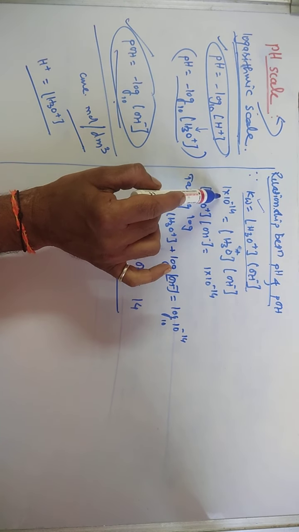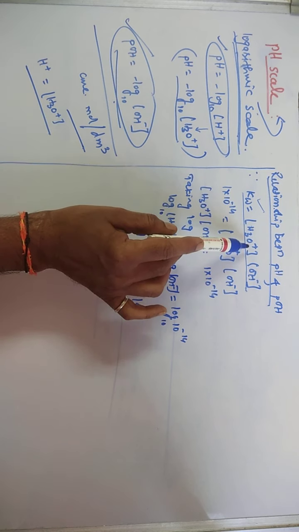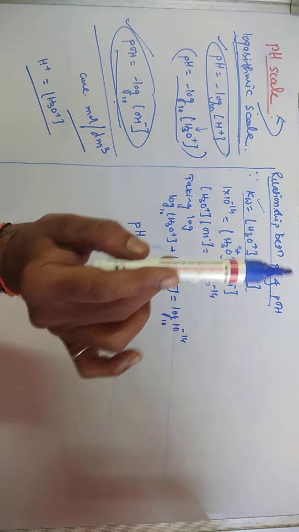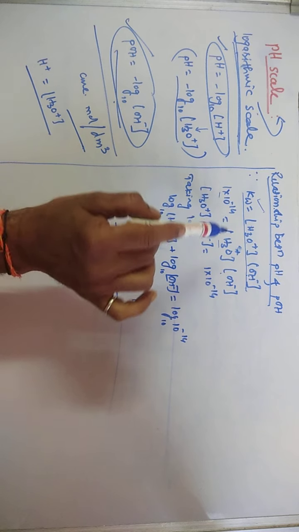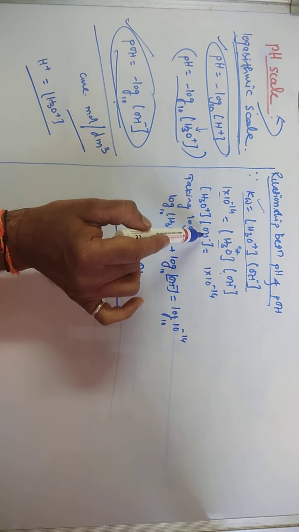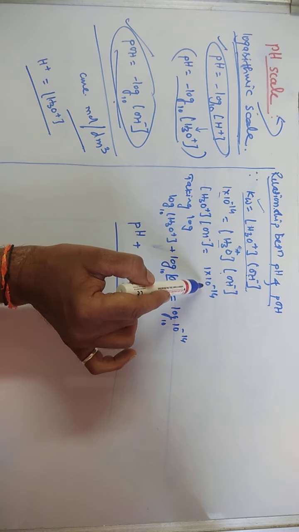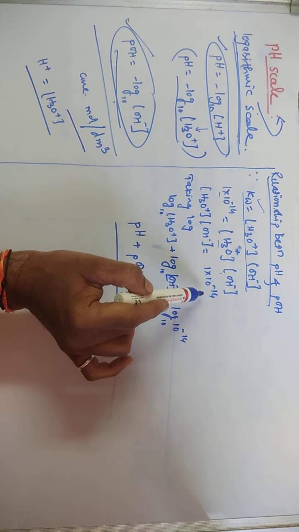So H3O+ concentration times OH- concentration equals 1 into 10 raised to minus 14.